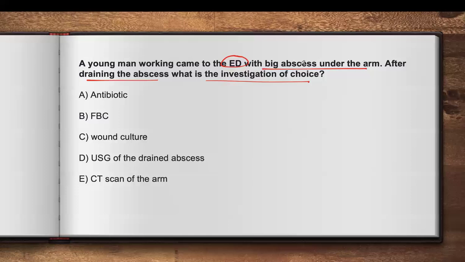After we drain the abscess, the first thing is wound culture. We take the culture, send it for microscopy and culture, and then we can start the patient on antibiotic. Okay, that's easy.